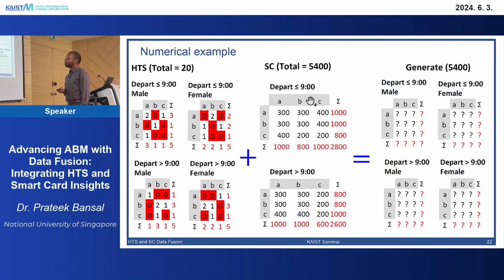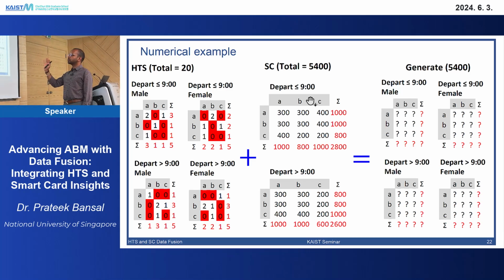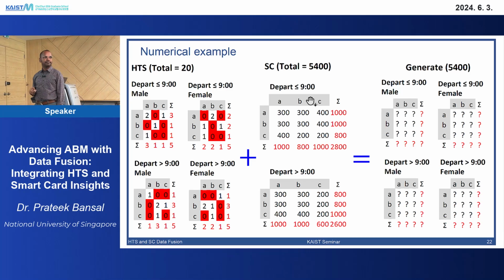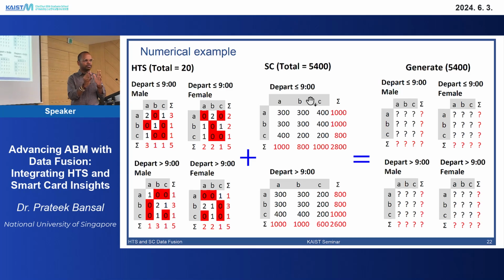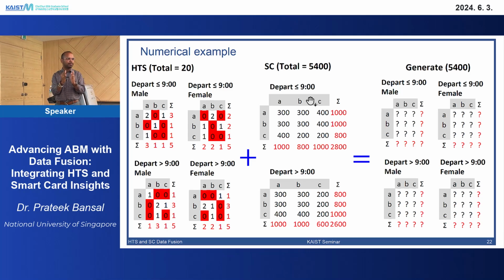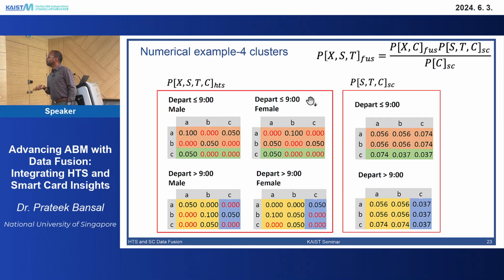What we observe in the SC is actually the true distribution, and our objective is to generate the full distribution while maintaining the XY in the HTS and the S and T in the SC distribution, and also going closer to the XY, S and T distribution that we observed in the HTS data, because it is important to maintain that dependency that we observed in the HTS data, whatever it is.